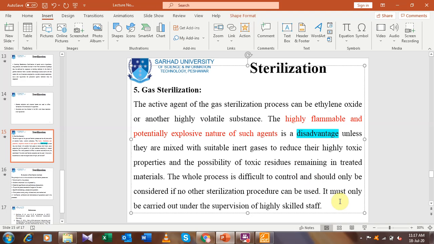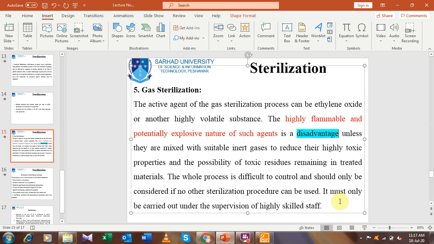It is the final choice, because controlling these disadvantages, the toxic properties, and the residues remaining in the material treated by the gas is difficult. By using gas sterilization, the residue, which may be part of the formulation or part of the material treated by the gas, is sterilized.